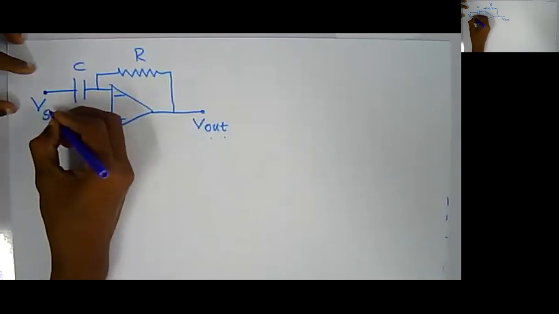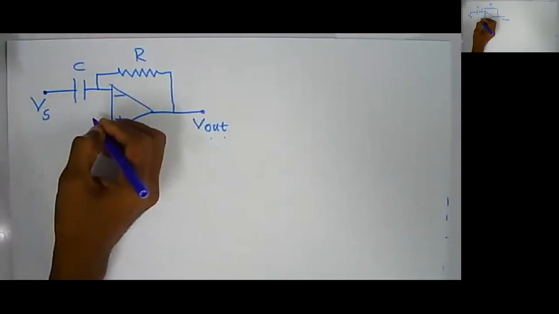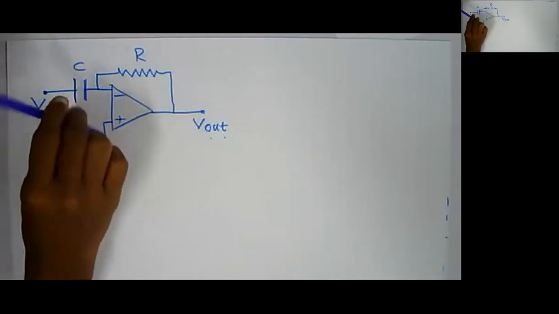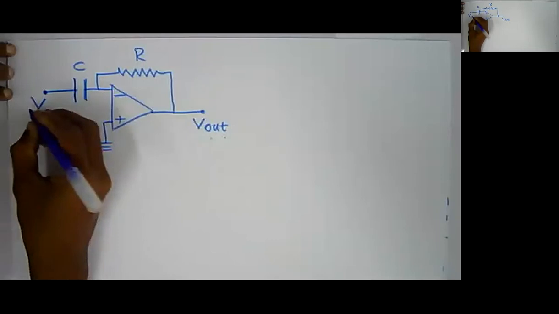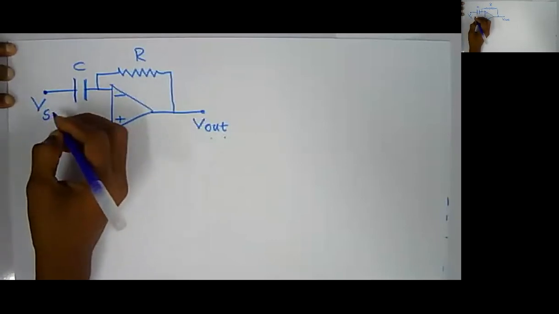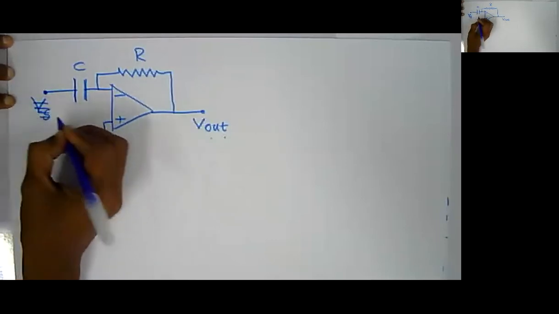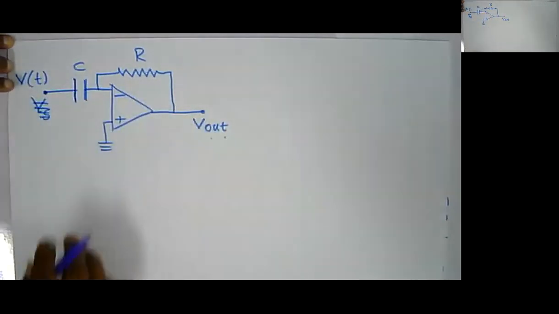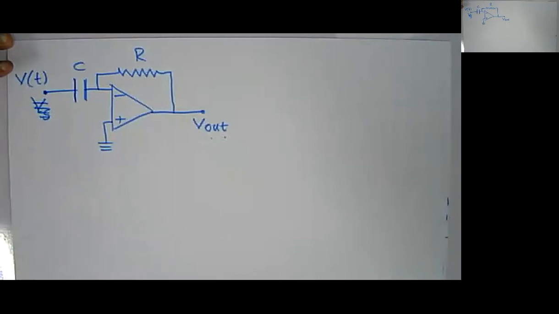So let this be a time varying current. We know that the capacitor will be open circuited if we apply a constant Vs. So let me consider the voltage as V of t. I am assuming that the input is a time varying current.